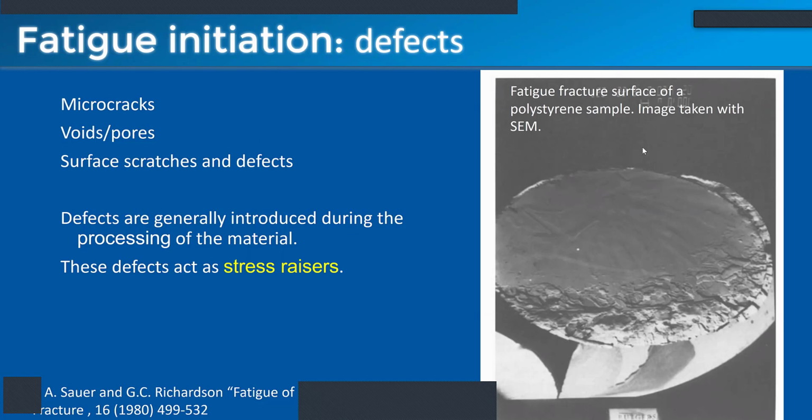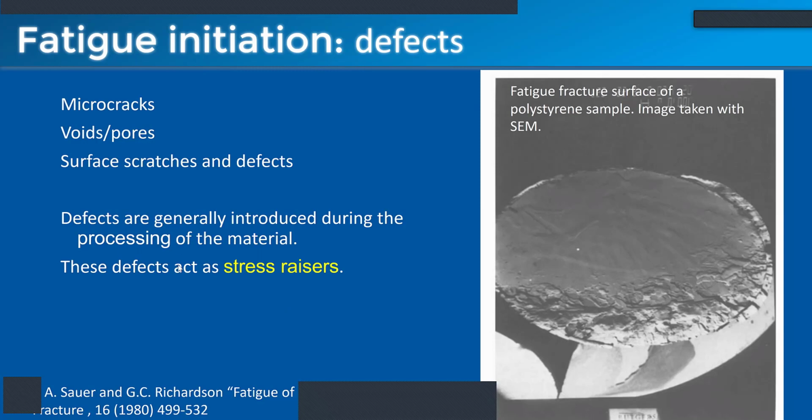And so if you can imagine there's a high stress here, if you're loading and unloading this material many, many times, this crack will propagate and widen or lengthen until it eventually propagates all the way through the material, and then you have failure of the material. So a tiny crack or a tiny scratch in the surface of your device can over time lead to failure of the whole device because of this phenomenon of a stress raiser, raising the local stress above the stress that you're applying to the whole material.